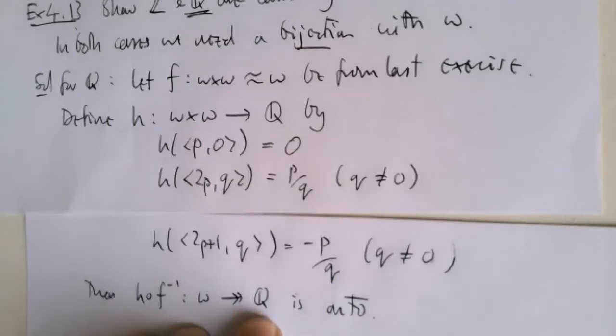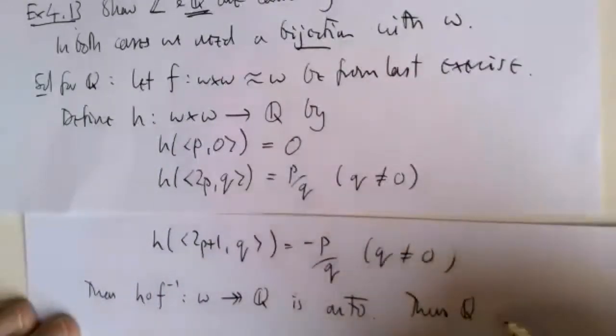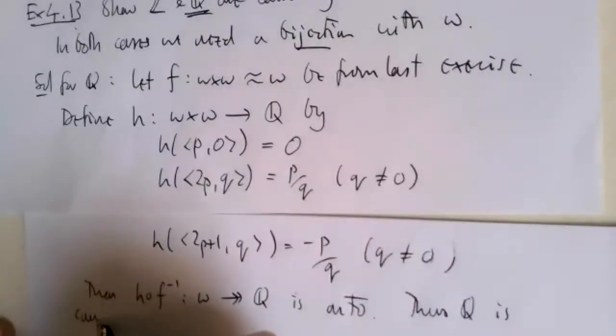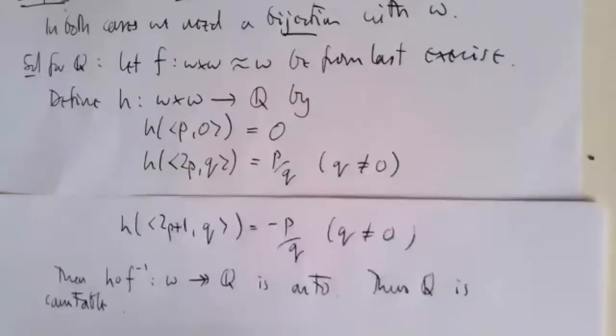Okay. So this shows that Q is countable. And we see that it's infinite.